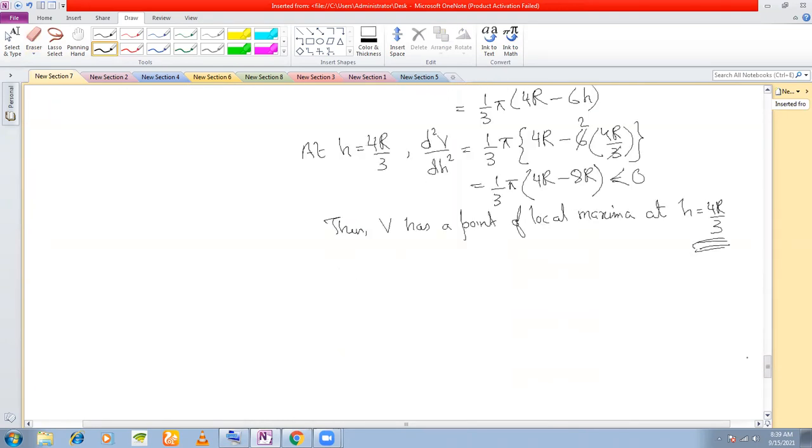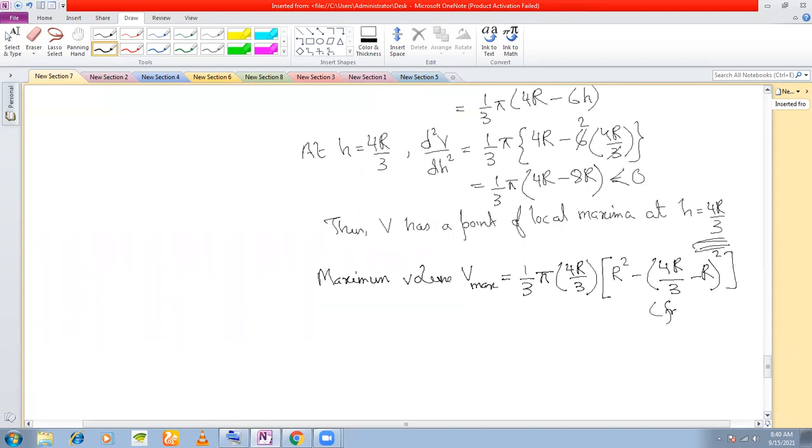So maximum volume, Vmax, at h is equal to 4r by 3. Put the value here: 1/3 pi into 4r by 3, because 1/3 pi h we had 4r by 3, into r square minus (4r by 3 minus r) square. This is from 2, right? You just put h is equal to 4r by 3 in 2.